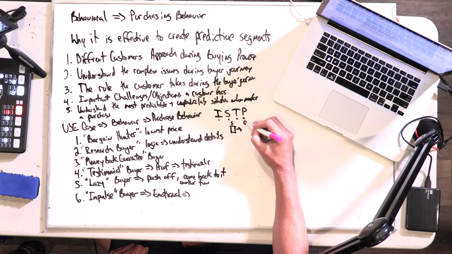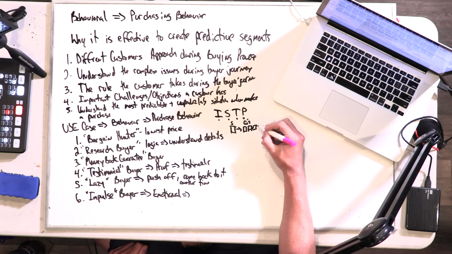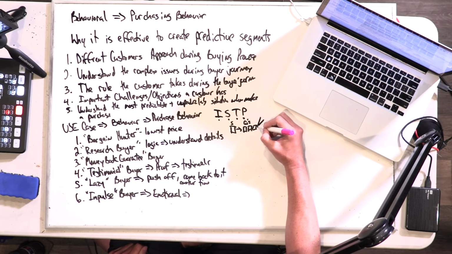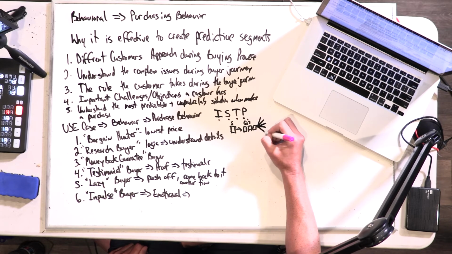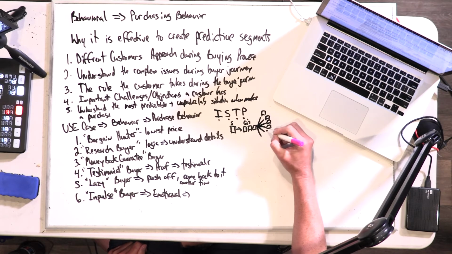What'll happen, guys, is that somebody will come, they're going to start the survey, they're going to answer some questions. My questions are going to be tied to finding all 6 of these buyers. That then is going to break them up into 1, 2, 3, 4, 5, 6 custom pages where I'm going to capture data and customize my messaging to them.